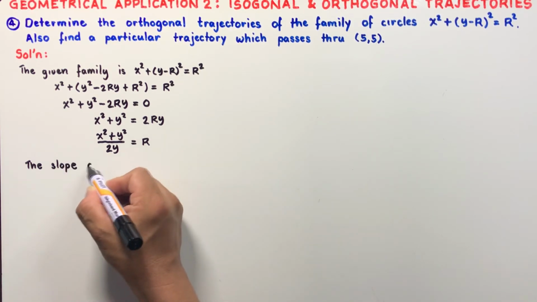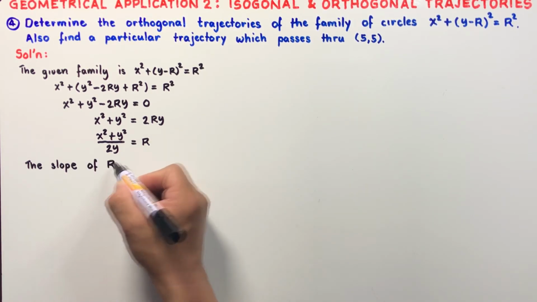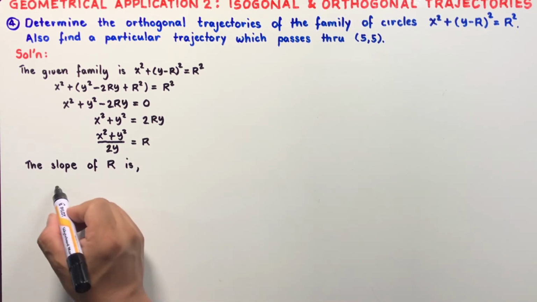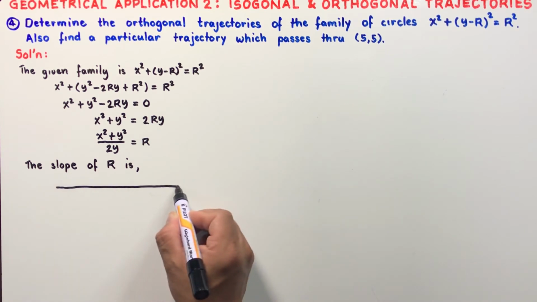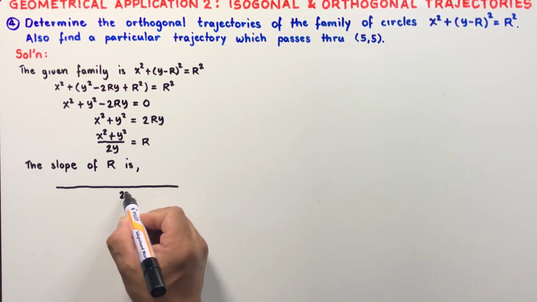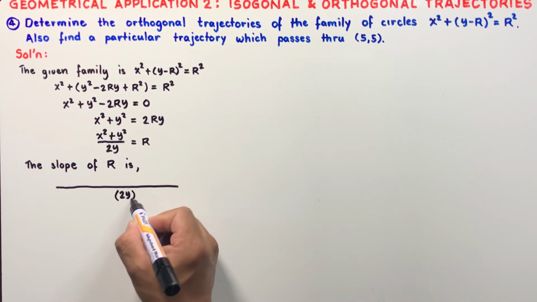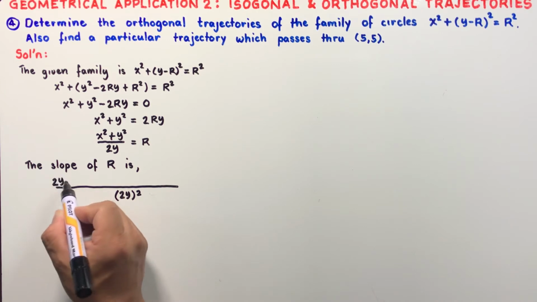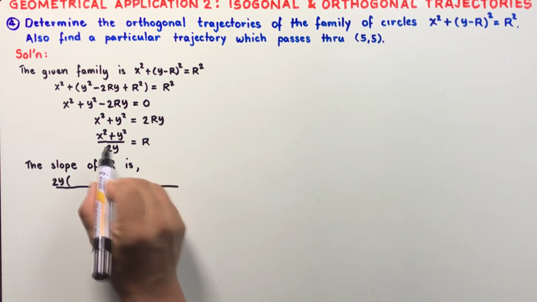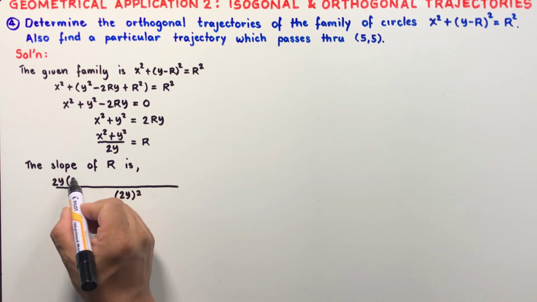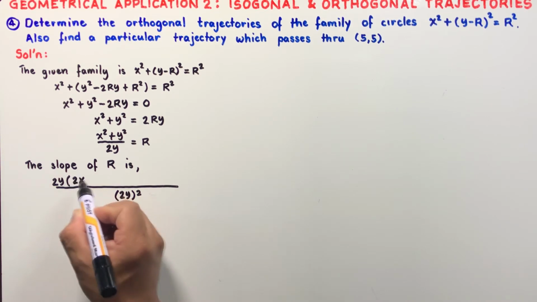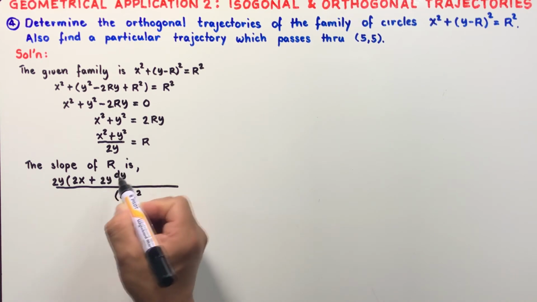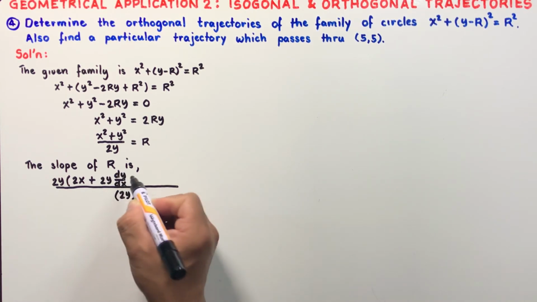So the slope of this given family of circles is the application of the quotient rule. So we have the square of 2y, which is the denominator, and we multiply 2y in the denominator by the derivative of the numerator, which is 2x plus 2y times the derivative of y, which is dy dx.